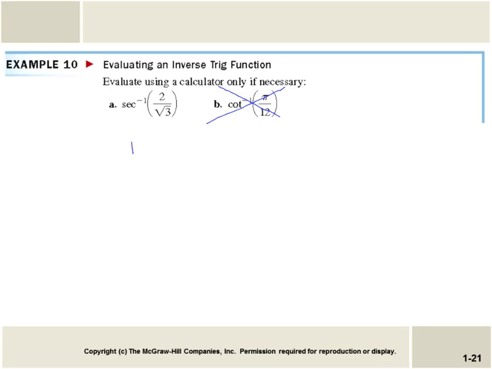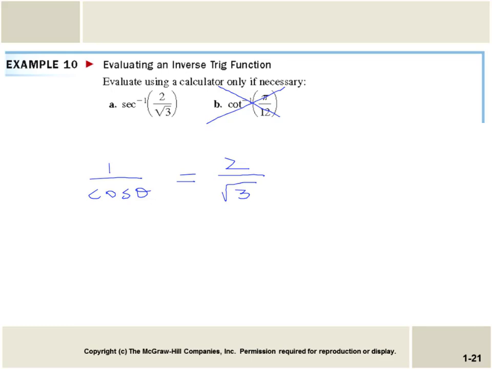So this is the same as, let me write it better. What I'm really saying is that 1 over the cosine of theta is equal to 2 over the square root of 3. Isn't that what I'm really saying?